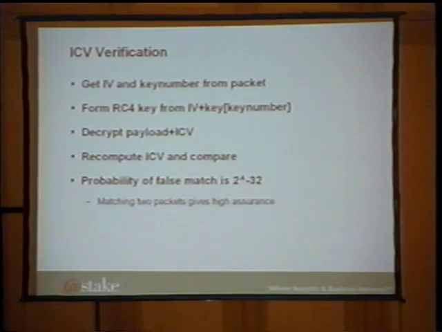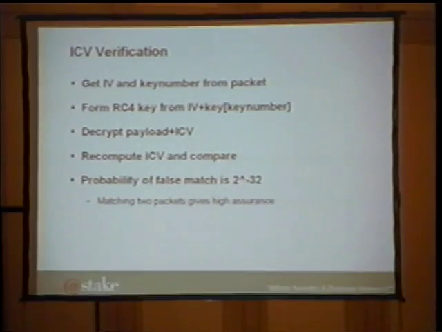So the method I actually implemented was ICV verification. This works in the following way. You get the IV and the key number from the packet. You form an RC4 key by taking the IV and the selected key and concatenating them. You decrypt the payload and the ICV of the packet. Finally, you recompute the ICV of the payload and you perform the comparison. This was all basically the same steps of decryption that were pointed out earlier.